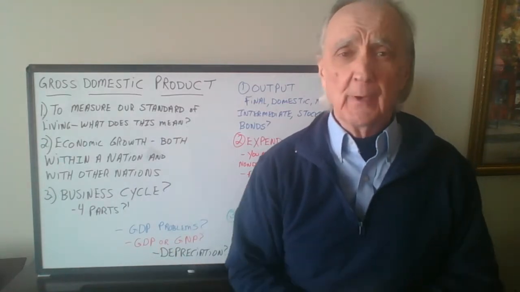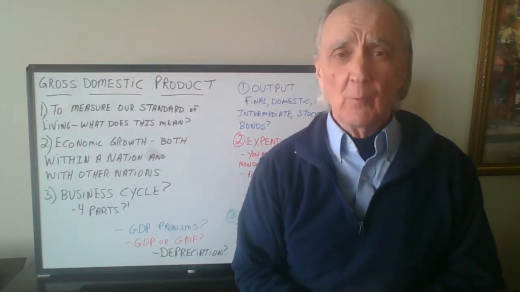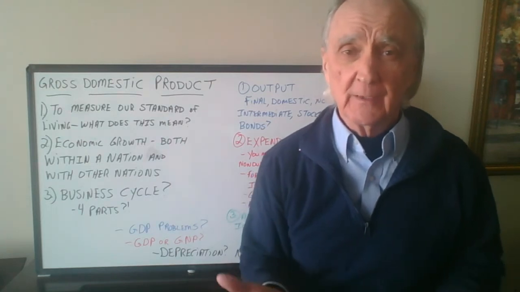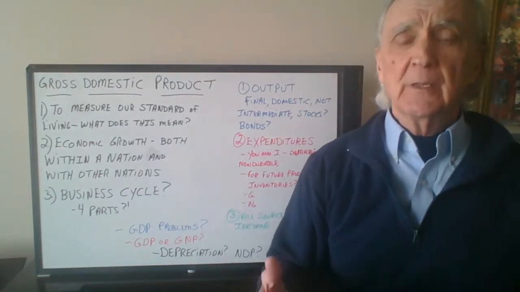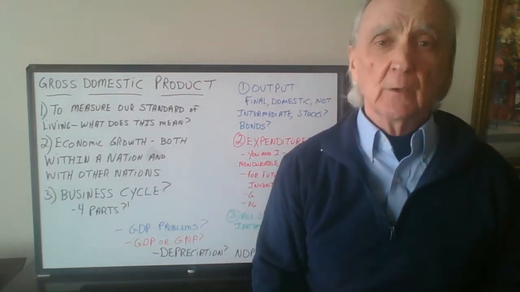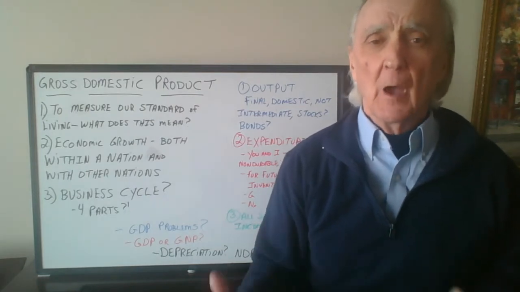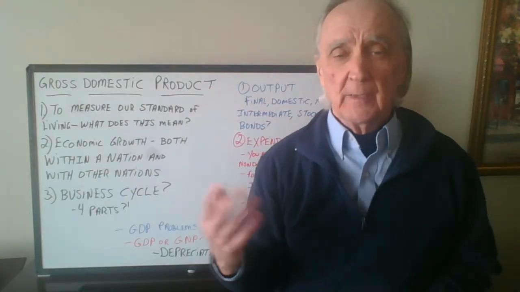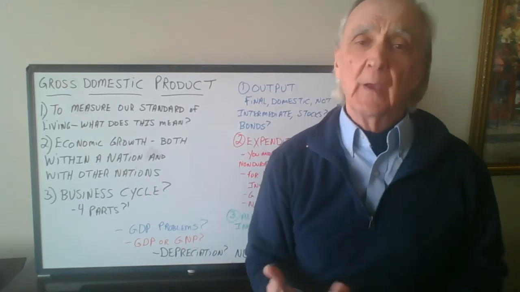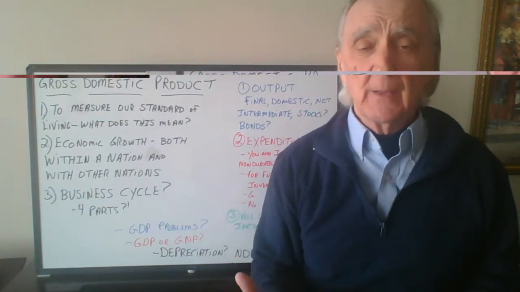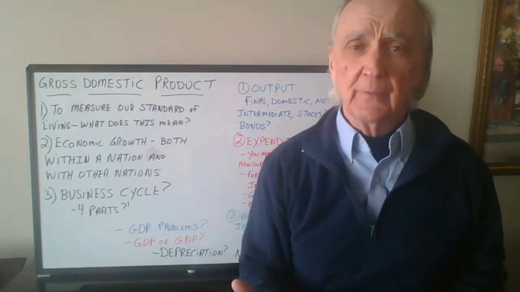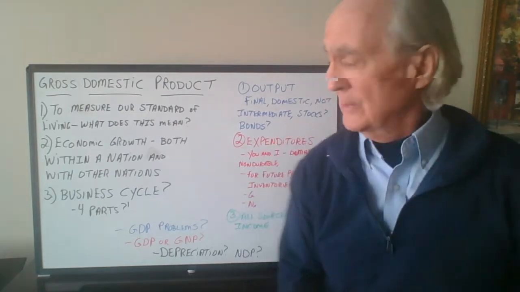Although in Europe they are including more and more of them to get their gross domestic product up a bit. But typically we don't count illegal activities, and other activities such as getting your car washed or not can affect gross domestic product. So it's not perfect, but it probably is the best tool that we have, okay?